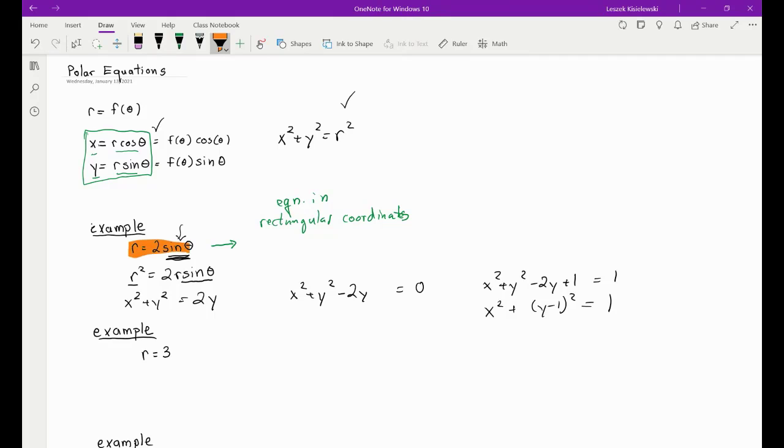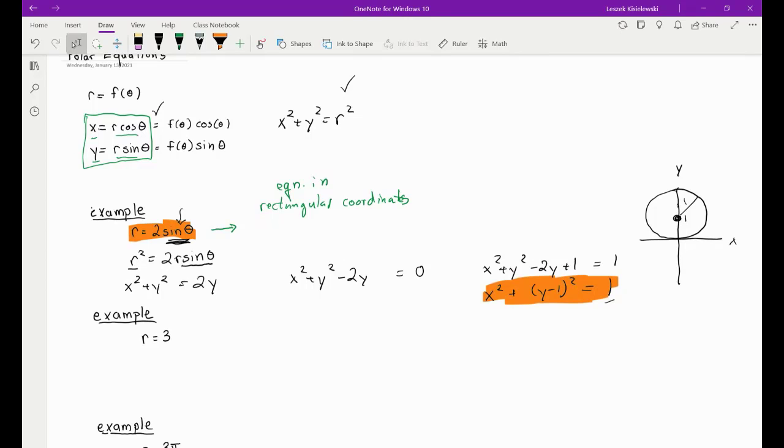Our polar equation, where r equals 2 times sine theta, corresponds to an equation using rectangular coordinates, which we recognize as a circle with center 0, 1, with radius 1. So that gives us a circle.